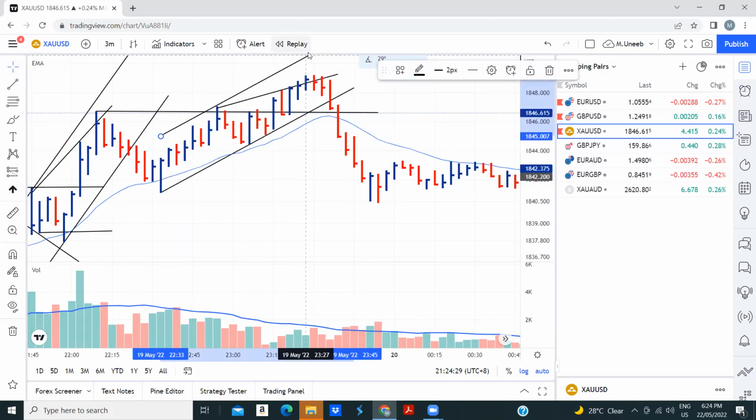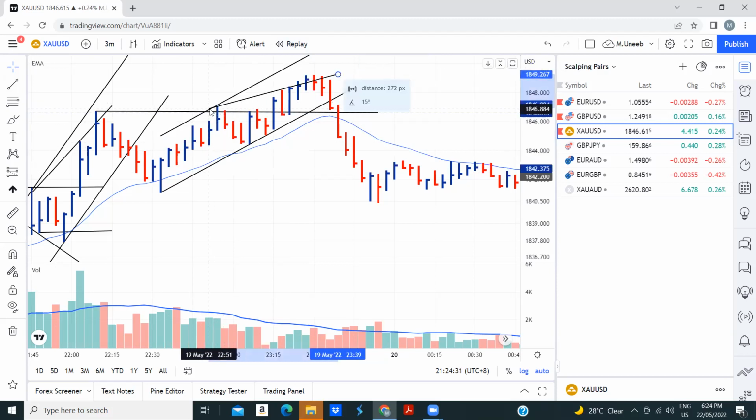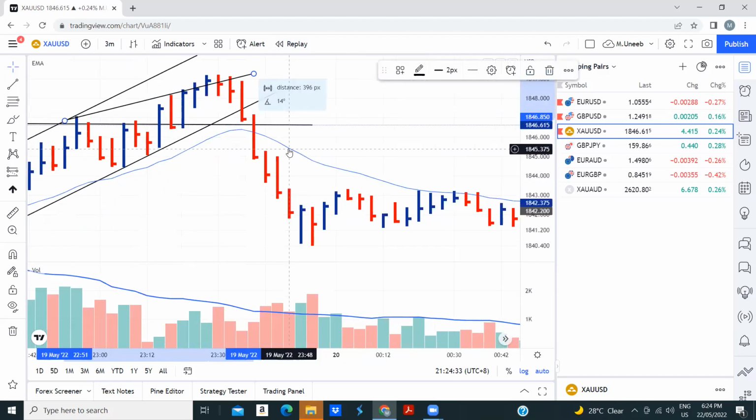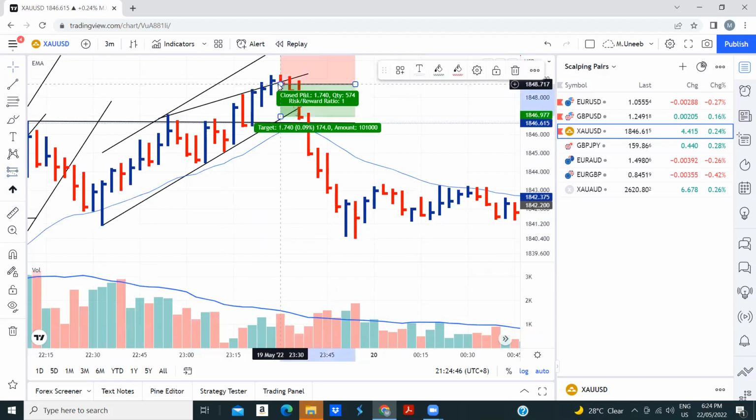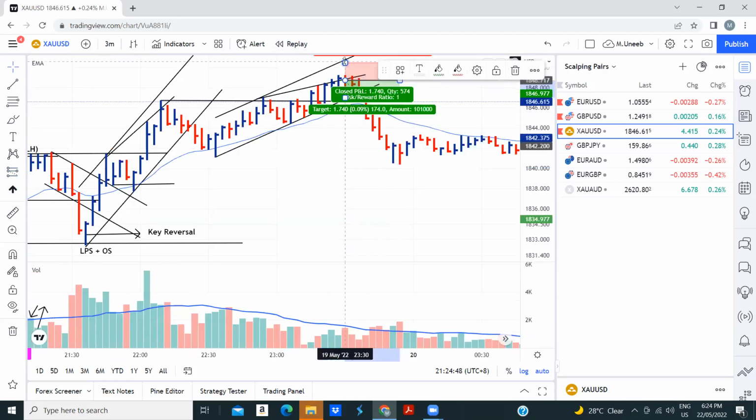Okay, we go up. If we draw this high and this high, this shortening of thrust, and now what we see here, exactly, no demand. After no demand, the price reversed, closed below, good volume. We can take our stop loss right over here. We have a high here, right? This is the last high. We can take a stop loss above.